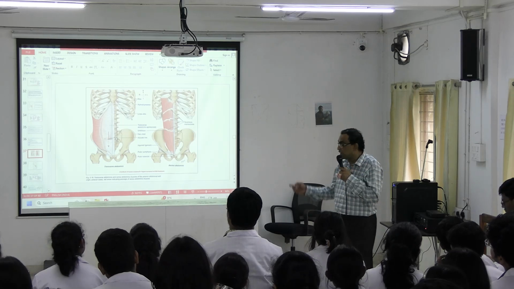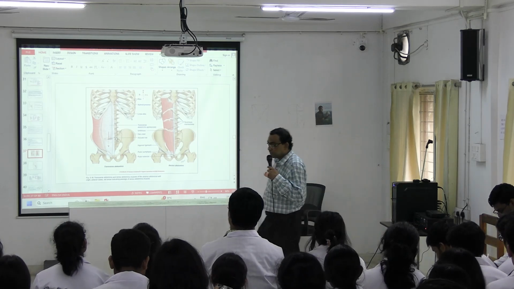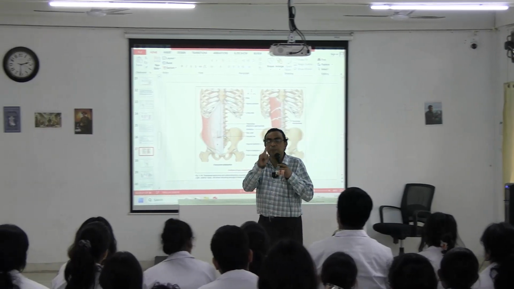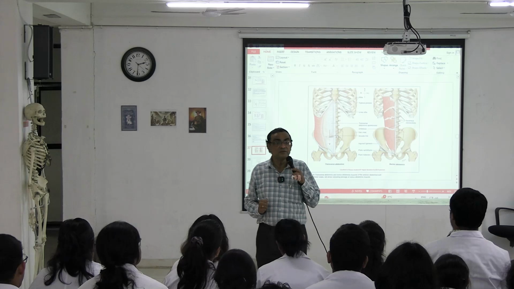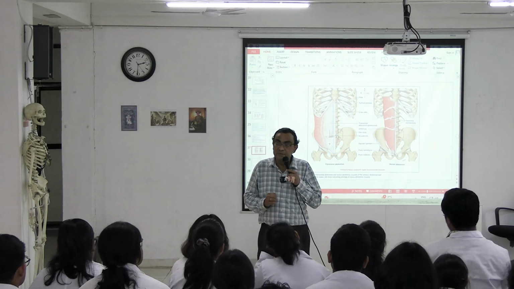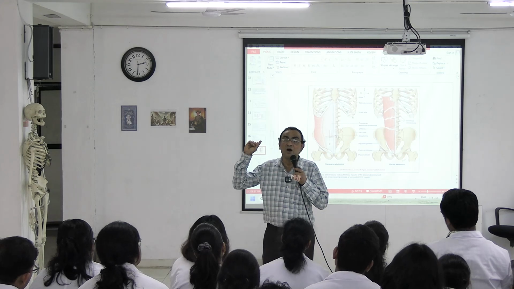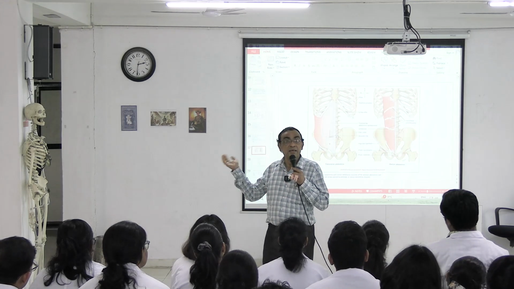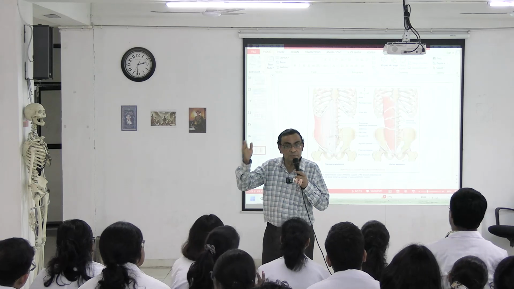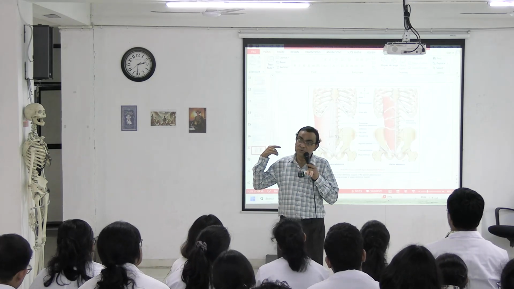On the posterior wall we can find a semicircular opening, that is called the arcuate line, or linea semicircularis, or arcuate line of Douglas. Okay, so this is the picture of the posterior wall. Here the rectus muscle is removed, and we can see the posterior wall.